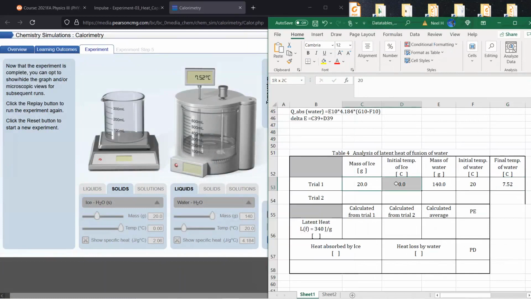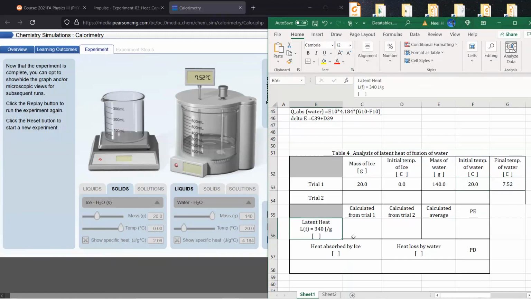So we started the ice at 0 degrees C. I started with the maximum amount of water, 140 grams. Then my initial water temperature, I changed to 20. And the final water temperature was 7.52 because water is losing energy, ice absorbing the energy, okay? If you have a different initial temperature for water, make sure you use that number. So that should be fine.